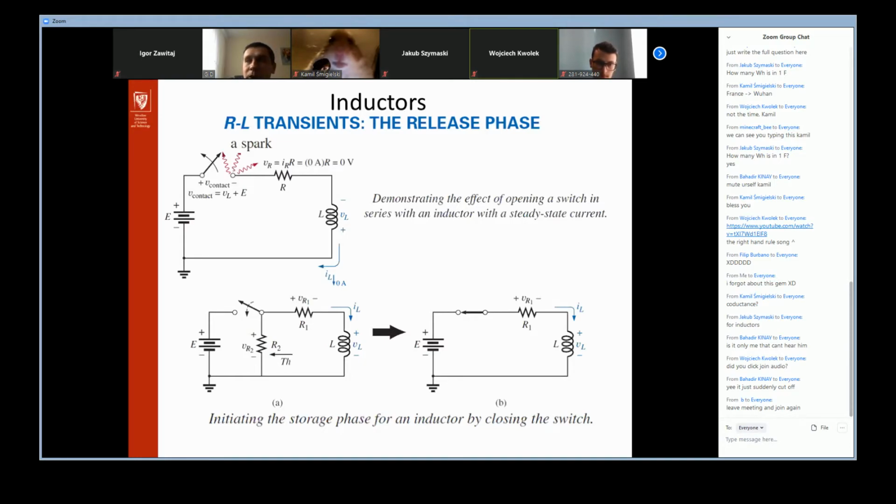When we open it, the distance between these two metal contacts is rather low. The contacts are in air, and we know that it is possible to observe sparks in the air. We will have such a huge voltage across these two points that sparks can be observed.